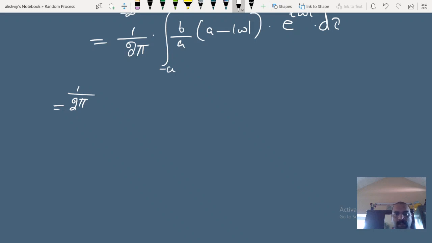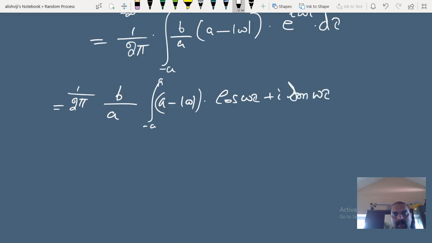Okay, there's a simple method. This b by a can be taken outside, and what remains is the integral from minus a to plus a of (a minus modulus of omega) into e raised to j omega tau, which can be written as cos omega tau plus i into sin omega tau, d omega.